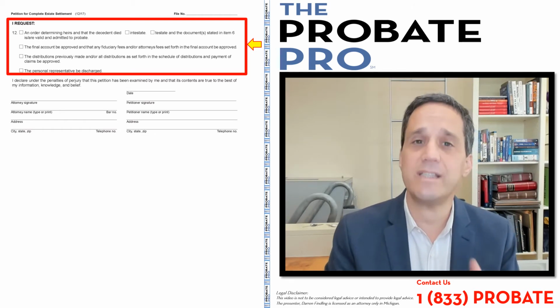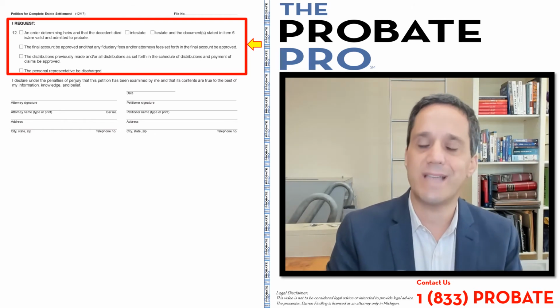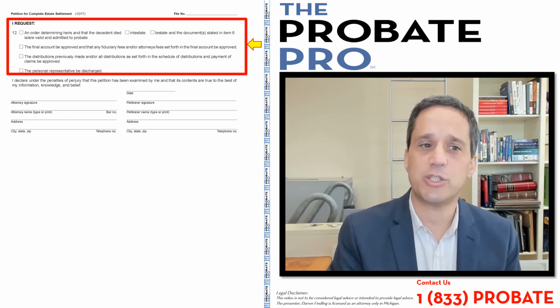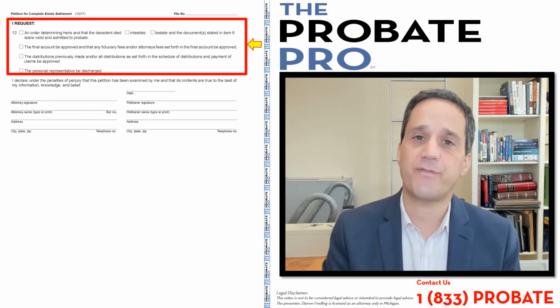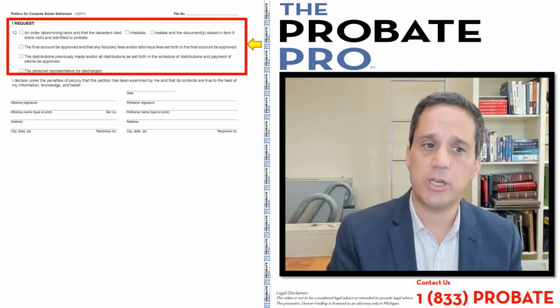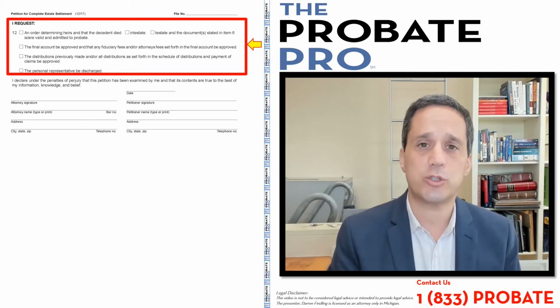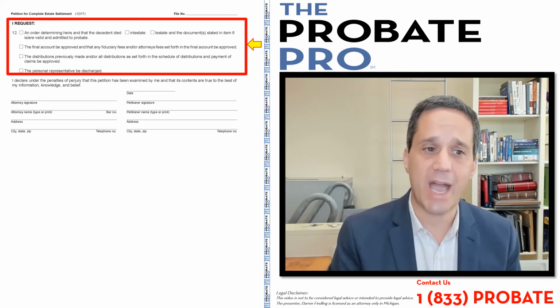But if it wasn't determined, or if the will was not admitted earlier in the process, you would identify it here. Under Section 12, second checkbox, if you've attached a final account to the petition, you would check that box, and if there were any attorney fees or fiduciary fees, you'd also include that box to be checked.